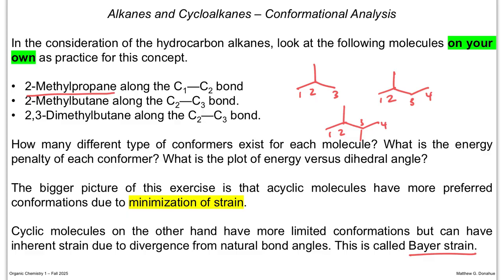That's called angle strain. So to a certain extent, there's a limited type of rotation in rings. We call it another term. But the angle strain and then this other type of rotation lead to a different type of conformational analysis.